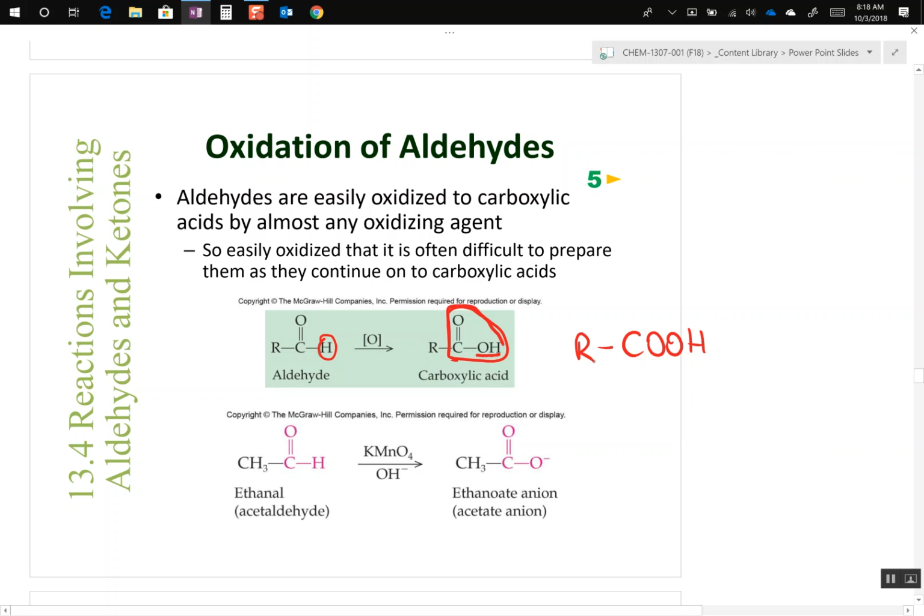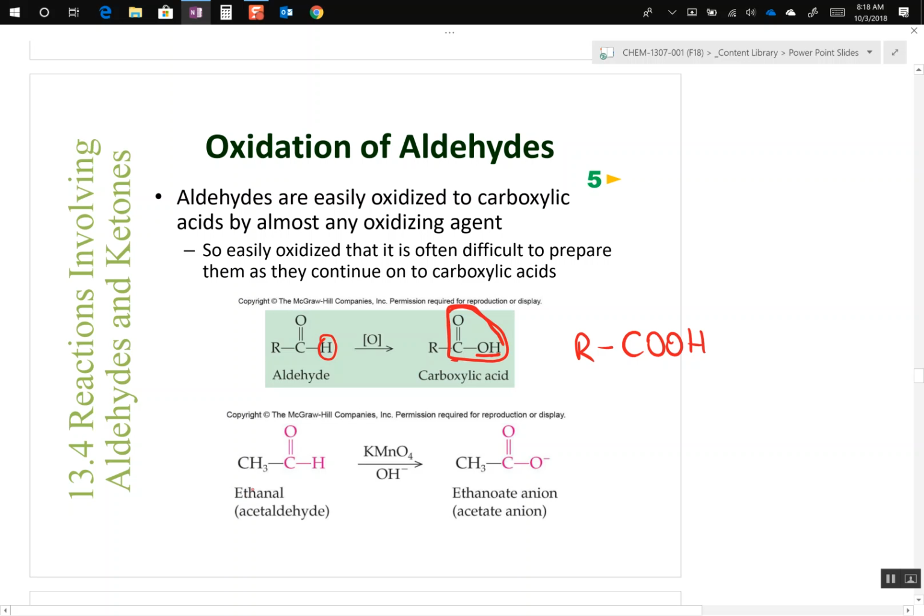That is a carboxylic acid group. So anything that has COOH, or the carbonyl oxygen here with an OH on it, that would be an acid. That is an organic acid, a carboxylic acid group.